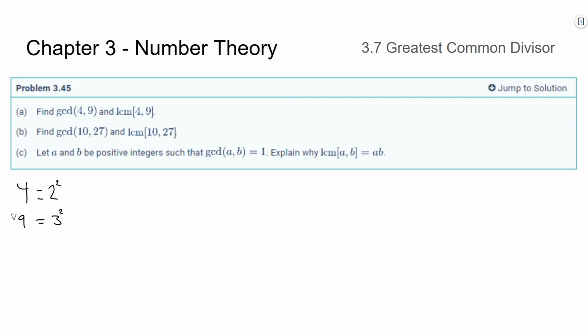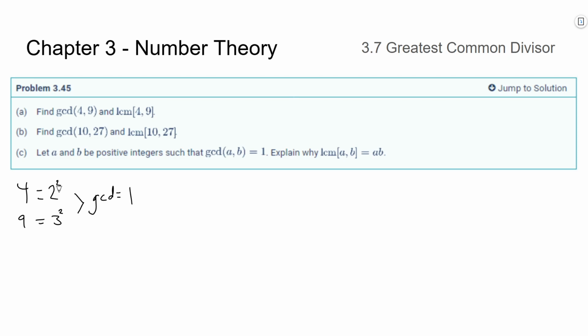Okay, so to do our GCD, well, there's no common 2s and there's no common 3s, so the GCD has to be 1. What about our LCM? Well, for our LCM, if you remember, we don't have to have them in each.